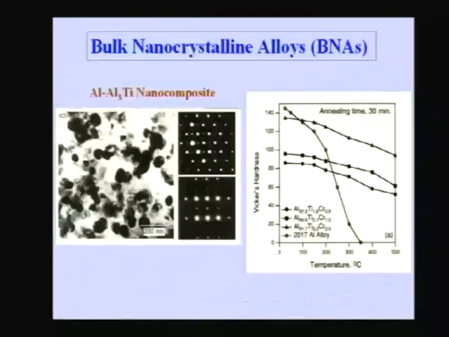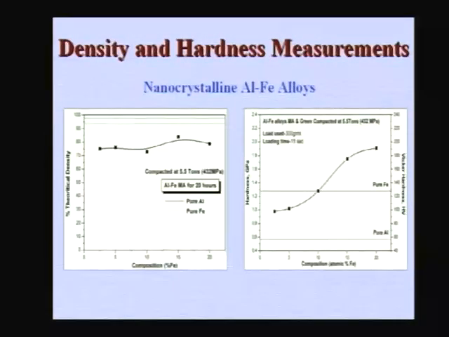You cannot imagine using an aluminum copper alloy at 500 degrees, impossible. The maximum temperature is about 300. That is why there is a lot of work nowadays on trying to develop high temperature alloys using such nano composite structures. So, this is one of the advantages of such nano composites.